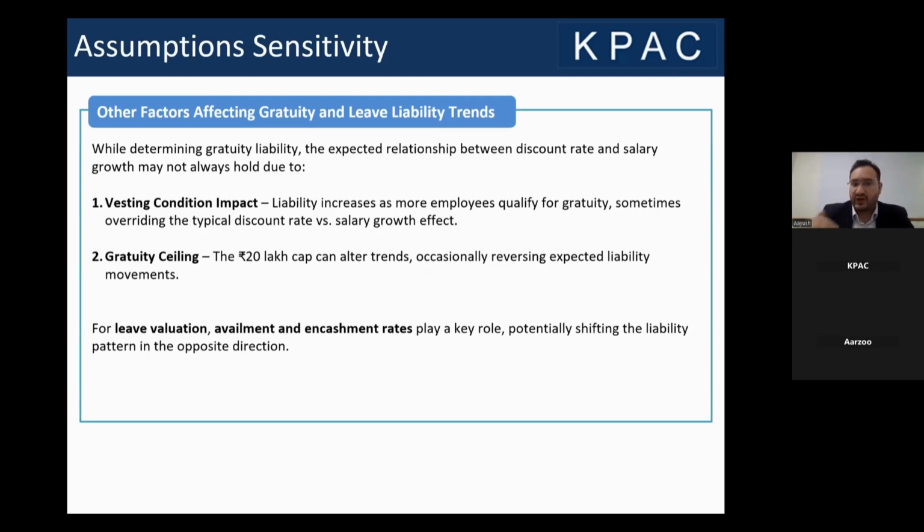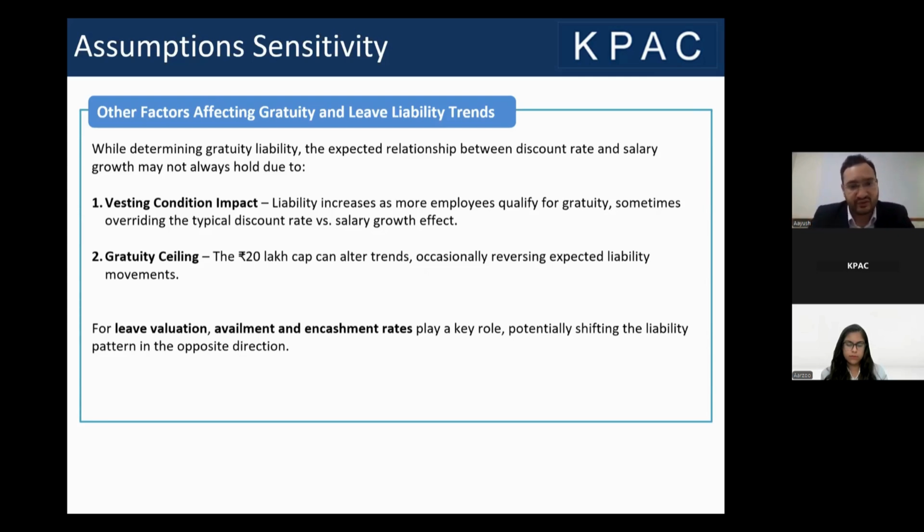So when I am talking about the gratuity scheme, my previous analogy might not hold true. But other than this, which would cover 99% of your actual valuations, if you take care of all these three assumptions in a gratuity valuation, you would be able to explain almost all your ratios.